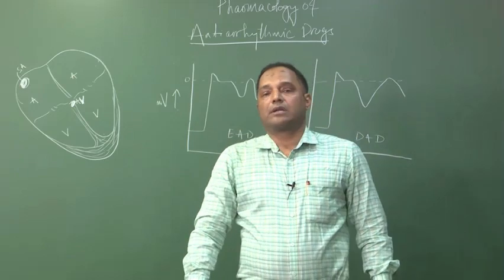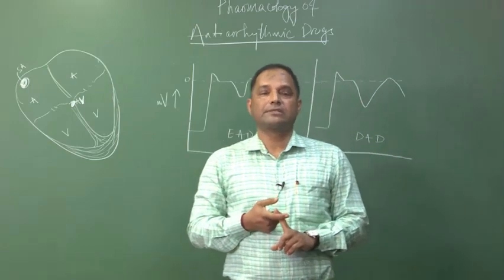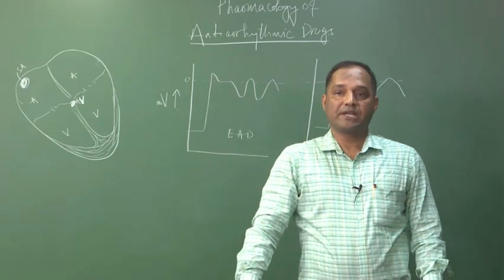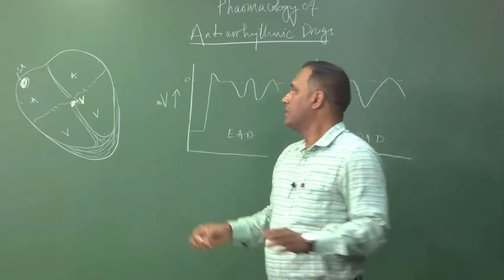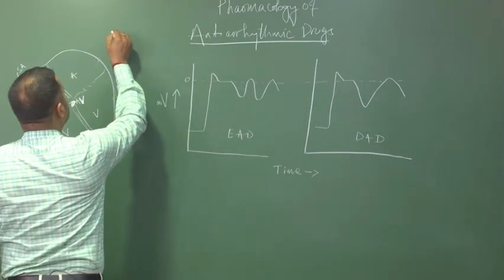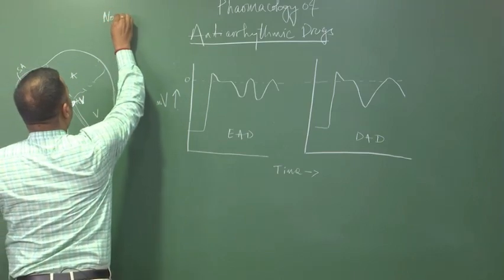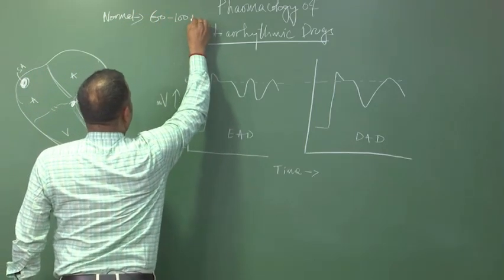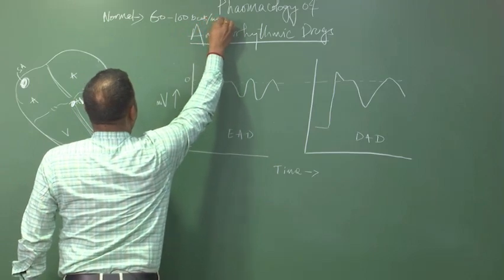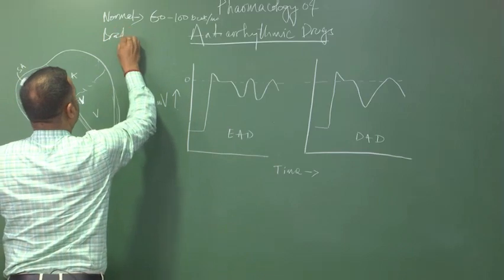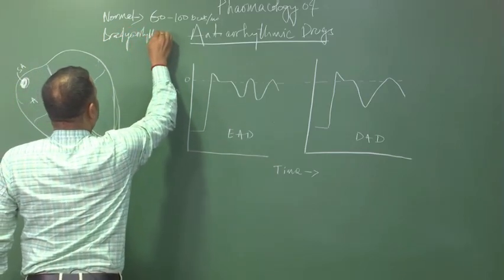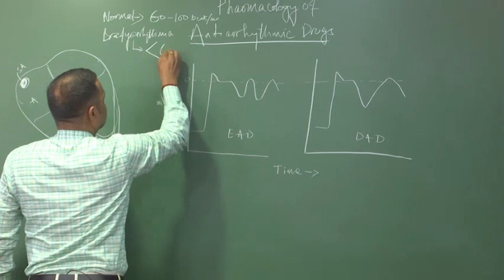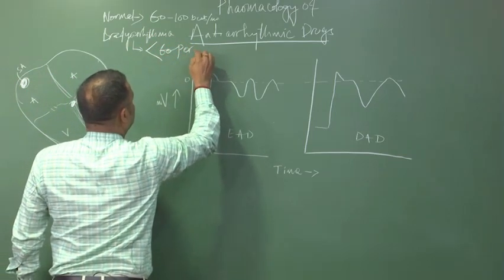The other types are tachycardia or tachyrhythm, and bradycardia or bradyrhythm. Bradyarrhythmia represents less than 60 beats per minute.